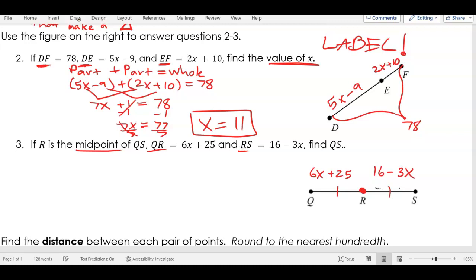And again, because it's a midpoint, these halves are equal, so I put an equal sign between them, okay? I'll rewrite it over here. Now, this time the x's are not on the same side. They're on different sides, so I cannot combine them. I get rid of the smaller x, which is the negative 3x. The opposite is to add 3x to both sides.